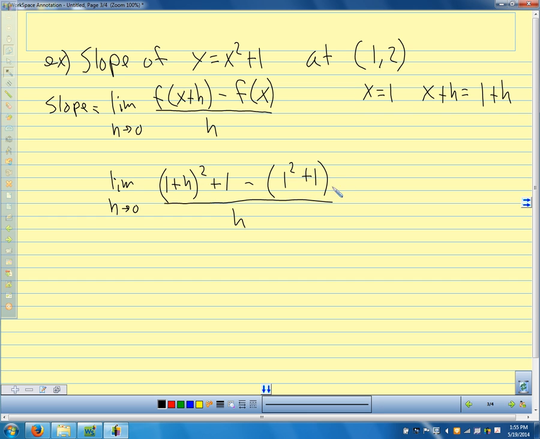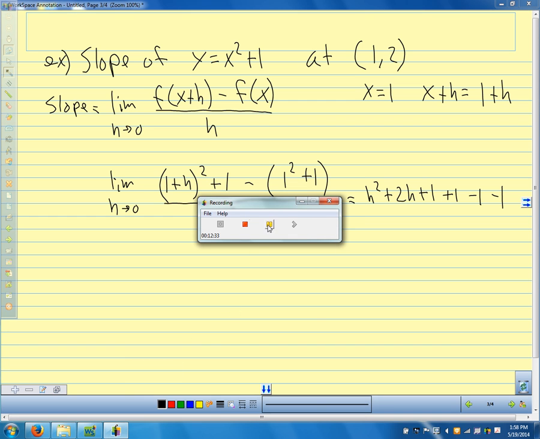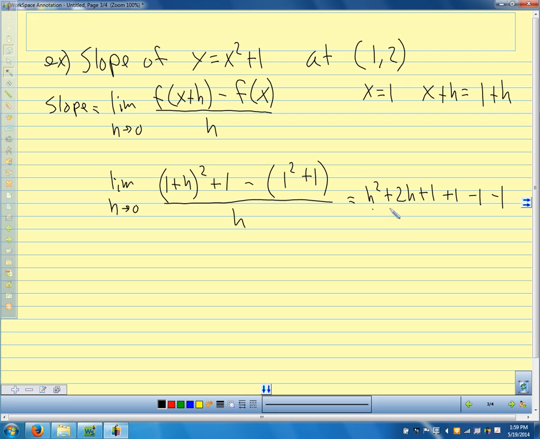All right, so let's expand this out. When I square this quantity, I get h squared plus 2h plus 1. And I have a plus 1 and a minus 1 and a minus 1. Then we're dividing this by h.